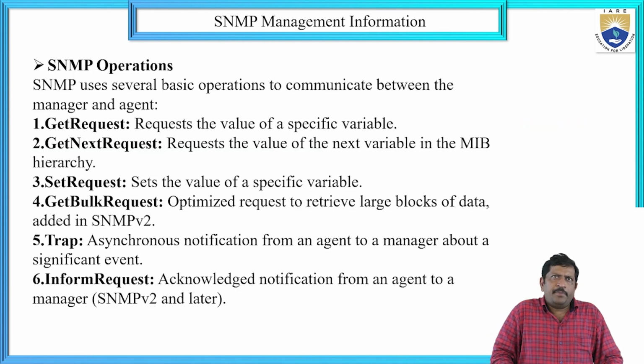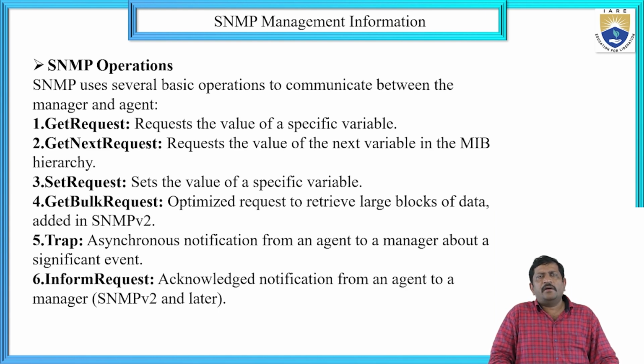And in SNMPv3 generally we perform the operations get request, get next request, set request, get bulk request, and trap and inform requests. Generally, these operations can be utilized while using the SNMP protocol at the application layer level.